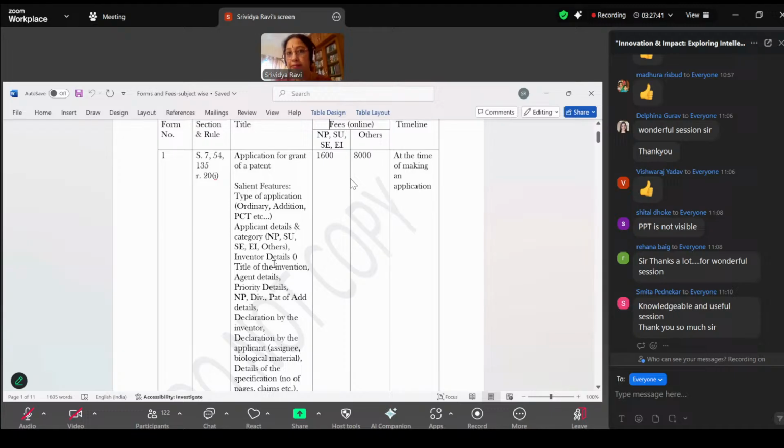All the inventors' names will be given. The patent office expects each and every person who has contributed intellectually to the invention to include their names. A patent can have any number of inventors, so you have to include everybody who has intellectually contributed. Then you give the title of the invention.